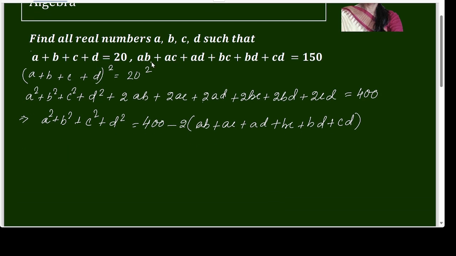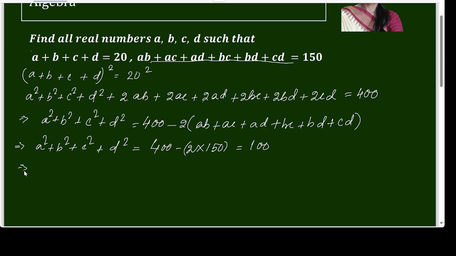This is the second equation, so I can replace it here. So I am getting a square plus b square plus c square plus d square equals 400 minus 2 into 150, that will be 300. So it will ultimately be 100. So we are getting a square plus b square plus c square plus d square equals 100.